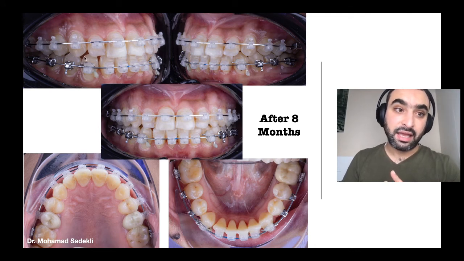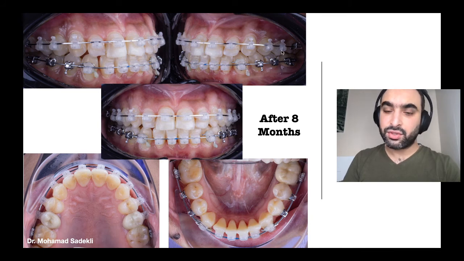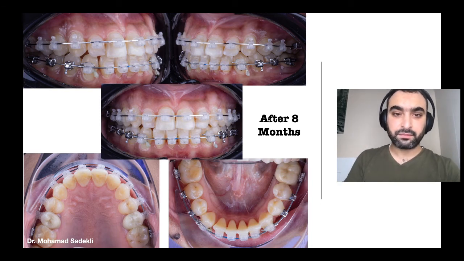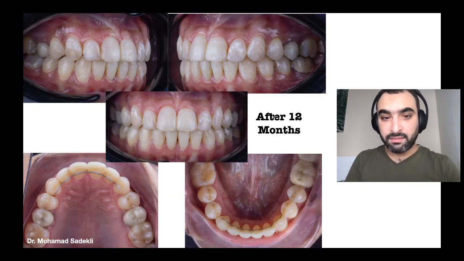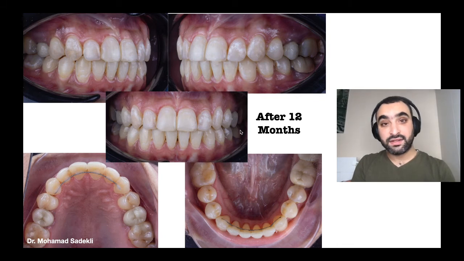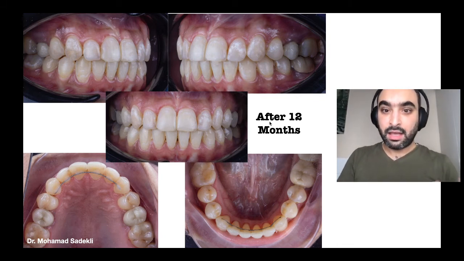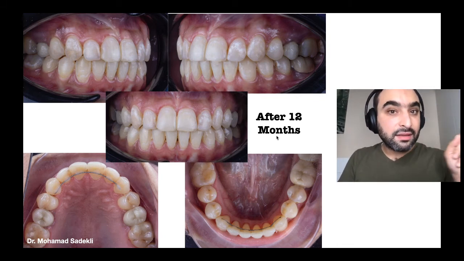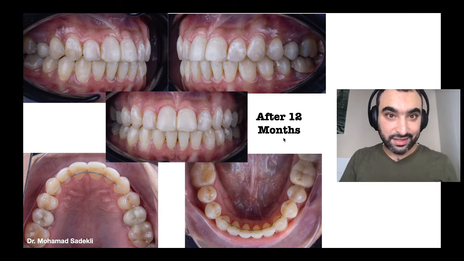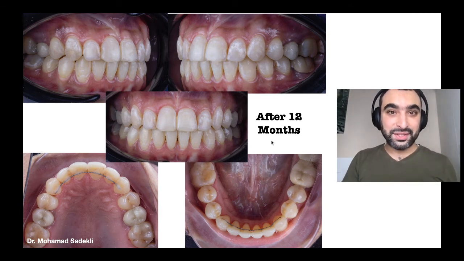Here after 8 months I almost have class 1, and for sure see the occlusion, how perfect it is in this area after only 8 months. And after 12 months I reached this result, 12 months after the bonding stage, okay, of the bonding.